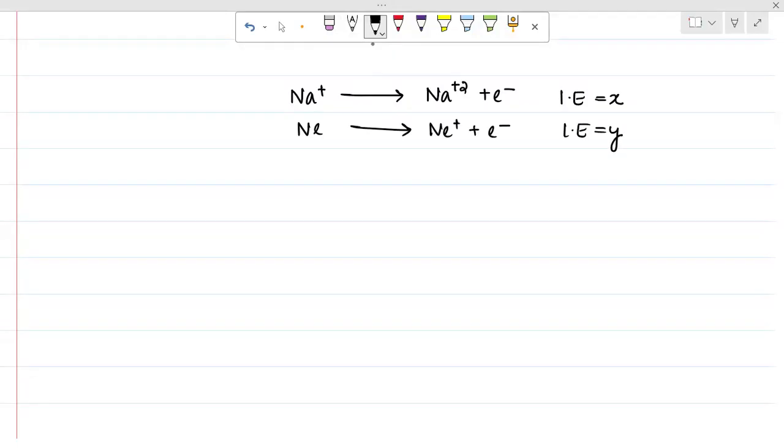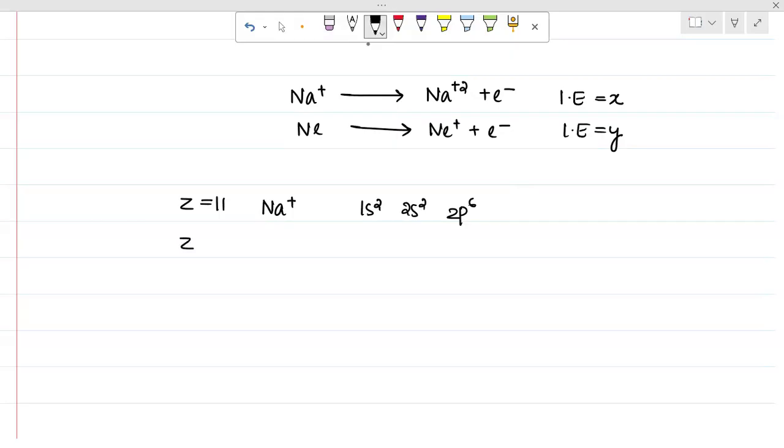So here, as I said, the first thing that we'll be checking is noble gas configuration. So for Na plus, what is the configuration? Na is Z is equal to 11: 1s2, 2s2, 2p6, 3s1. This is sodium. So sodium plus means this is gone.